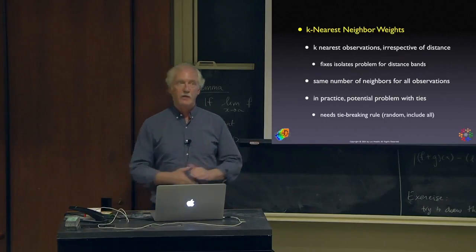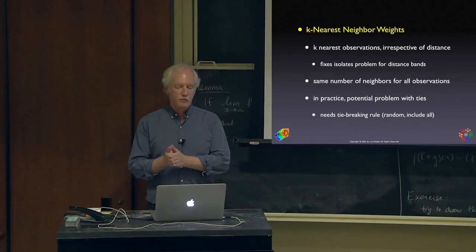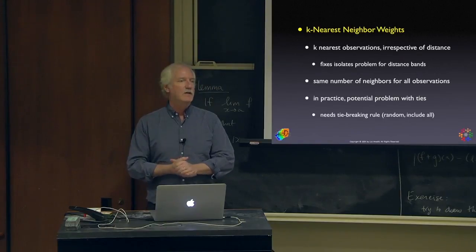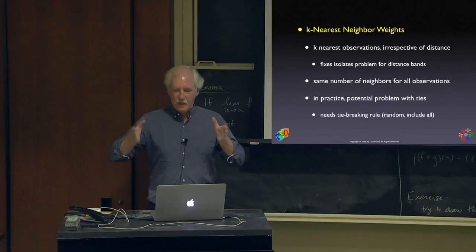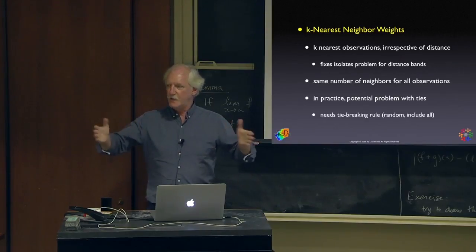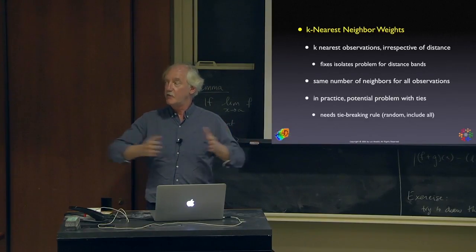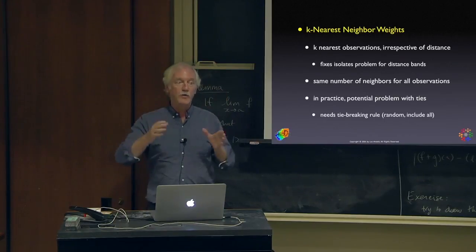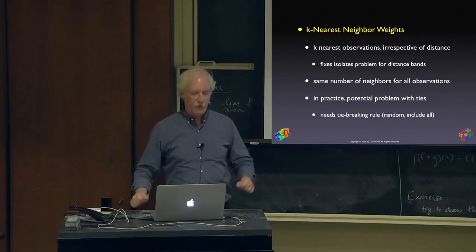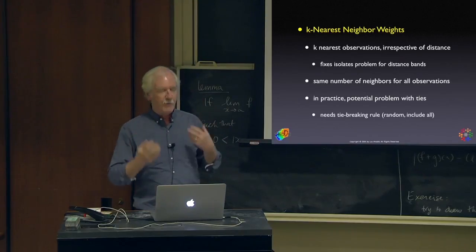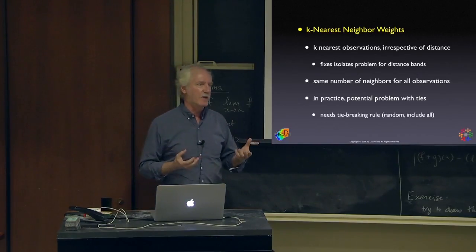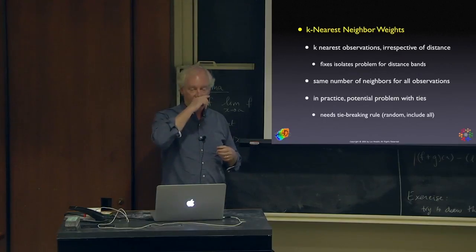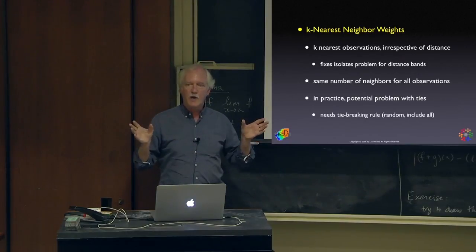Another way of dealing with distance weights when they're isolates is to take the k nearest neighbors. What that does is it takes the 4, 5, 6 nearest neighbors irrespective of the distance. So they could be very close, or those quote-unquote nearest neighbors could actually be pretty far. So it's a warping of the distance decay effect. It says, for all practical purposes, I don't care how far they are.